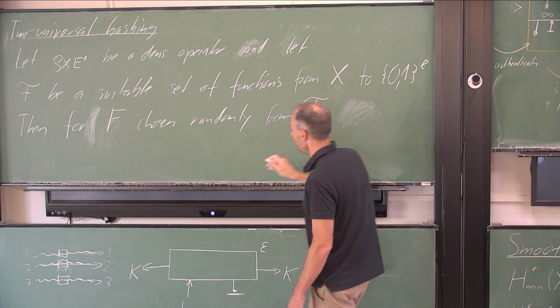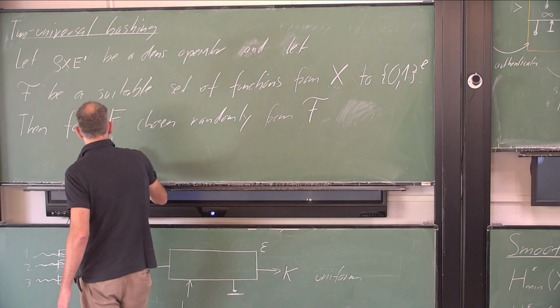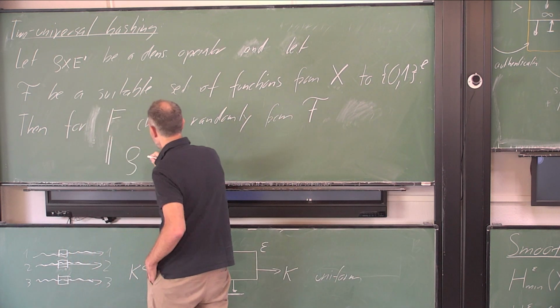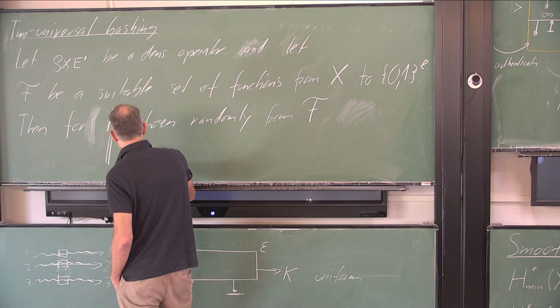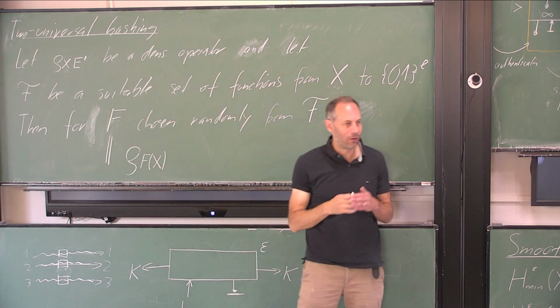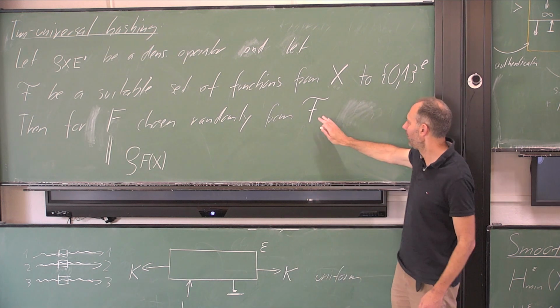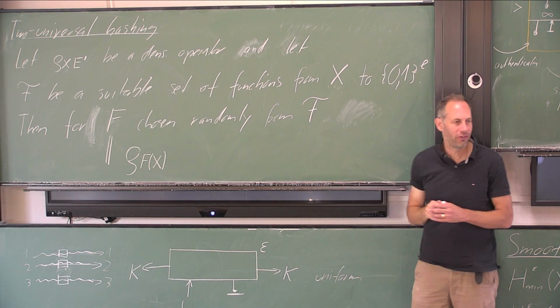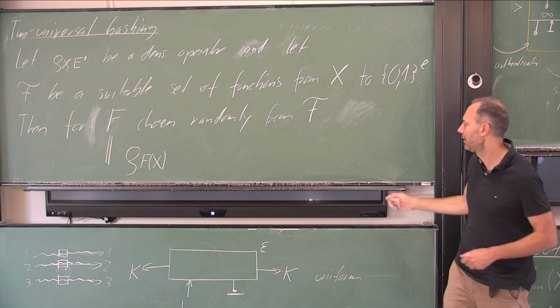Then the following holds, namely that if I look at the density operator of the output of that function, so I apply f to x, that's really what comes out. So f is now what I will call the hash function. It's the thing that you apply to get the key.